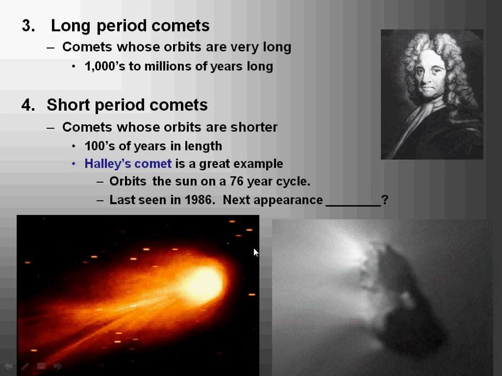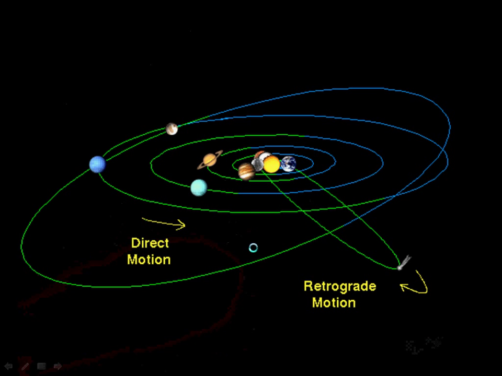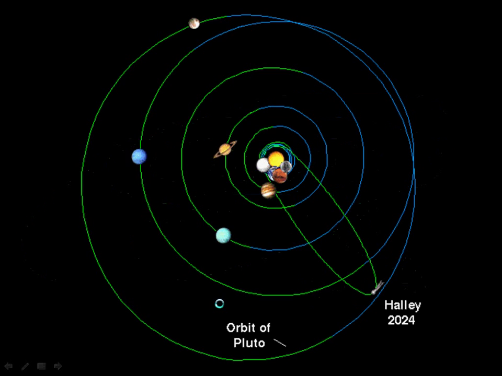So this is Sir Halley. And again, we've talked about retrograde motion, but if you think about this, this particular comet is going in a different direction than the planets are. So this is Halley, and oh, I just gave the answer away. Sorry about that.